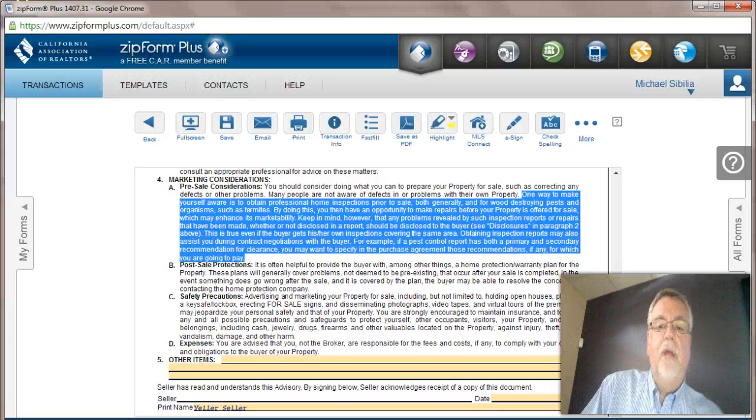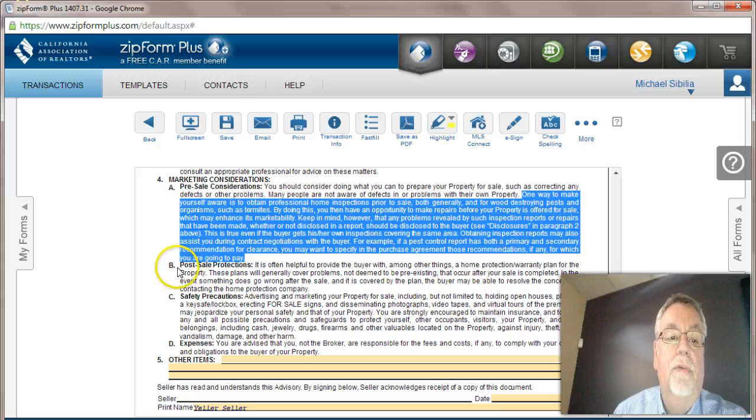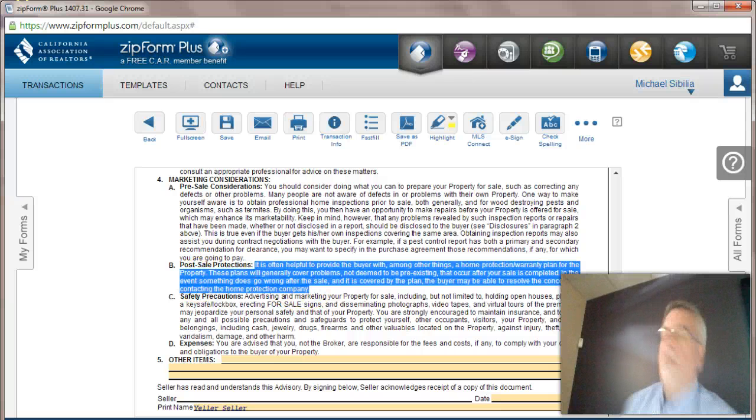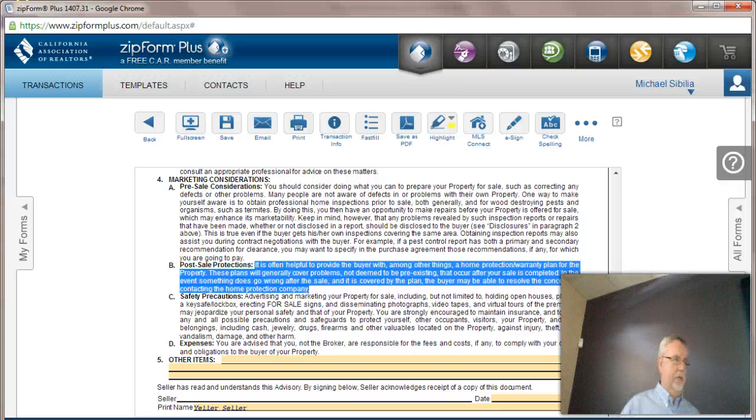By the way, one of the other things, look at the next one, which is also one of my favorite topics, post-sale protections. And this talks about a home warranty. So I used to take with me home warranty brochures, and I would show them to the seller, and what I would talk to the seller about is something called seller's coverage.